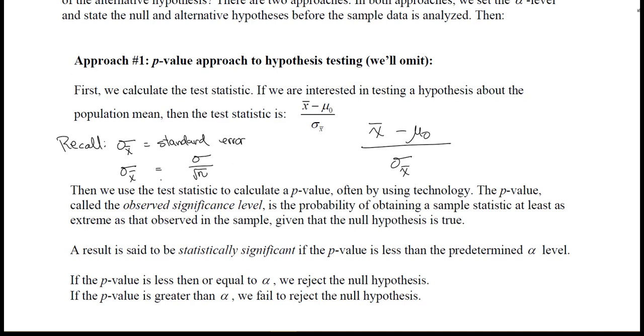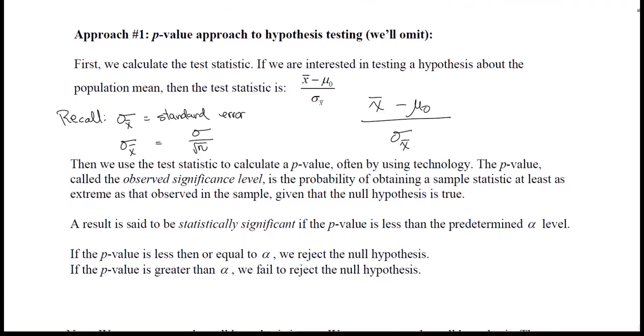So given that the null hypothesis is true, what is the probability that our sample would be at least this far from the null hypothesis, at least this extreme? We call it a statistically significant result if that p-value is less than the alpha that we've already decided upon.